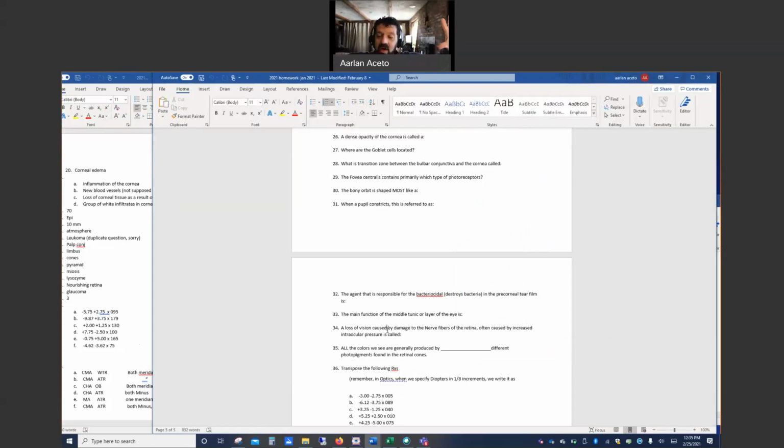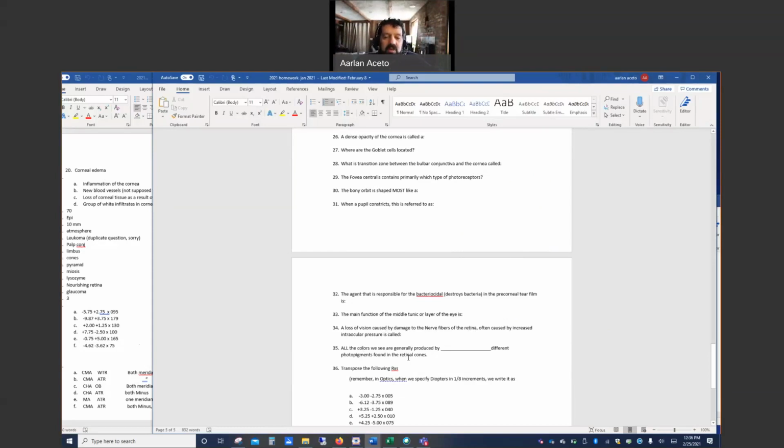So as they die off, you start losing your peripheral vision first, and that's called glaucoma. They can do surgeries or drops to lower the pressures. But again, you're losing the nerve fibers of the retina, you're losing the photoreceptors, and the increase in pressure is called glaucoma. Different types, we can get into that later, but this again is from the reading.